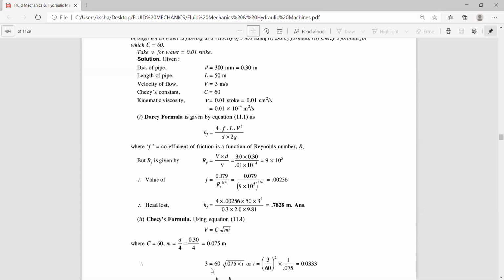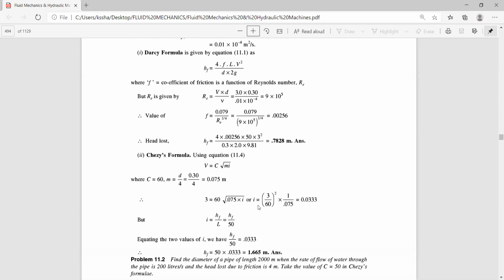So your velocity V is 3, the constant is 60, and hydraulic mean depth m is 0.075 into i. So in order to calculate i, we are squaring on both sides. So what will it become? Your i comes out to be 0.0333.